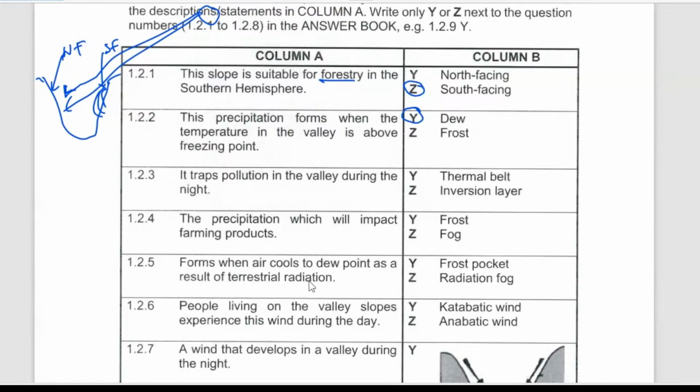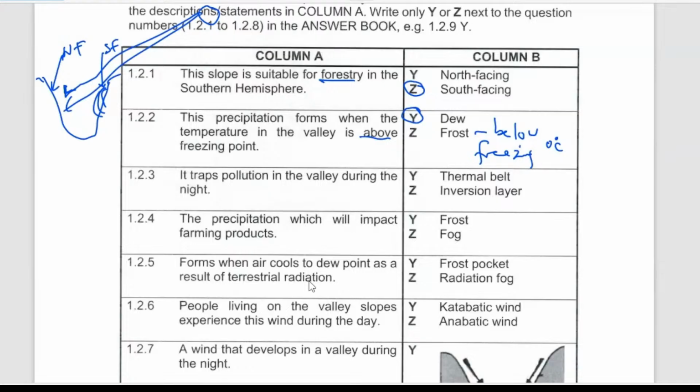In the morning, you tend to find that there's accumulation of water droplets on the ground surface and on vegetation. That is typical of dew. But frost happens when the temperature is below freezing point. If temperatures go below 0 degrees Celsius, ultimately we are going to have a frost situation. But here is above, it means our correct response is dew.